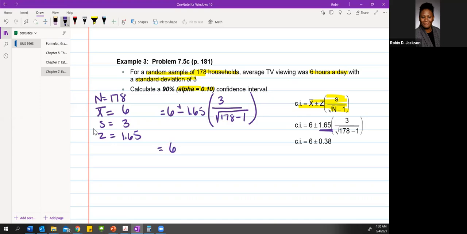So 6 plus or minus the z-score of 1.65, multiplied by 3 divided by the square root of 177.